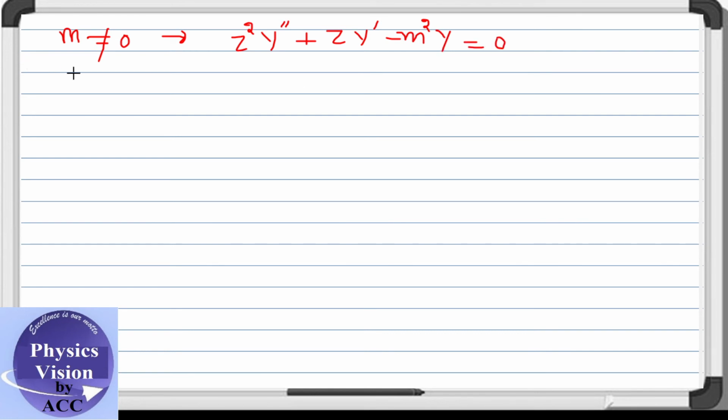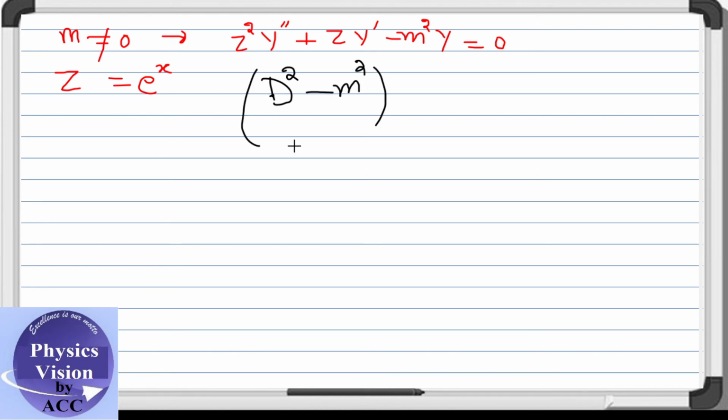Now we will do the same substitution, z is equal to e raised to the power x, or x is equal to log z. By doing the same substitution and solving it, we will get this equation in terms of d square y by dx square minus m square y.